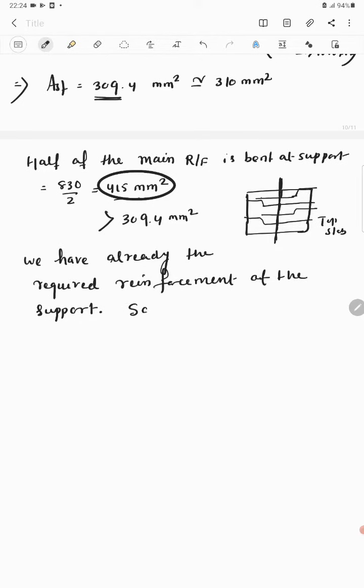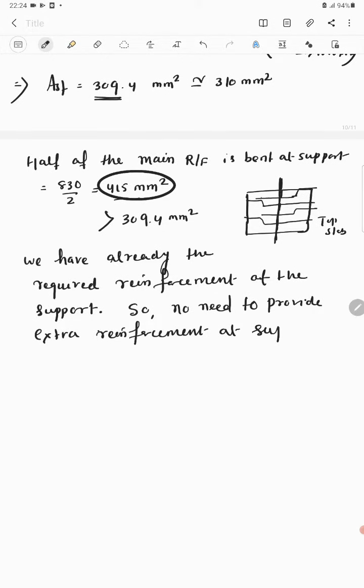So no need to provide extra reinforcement at the support. So this top slab is over.